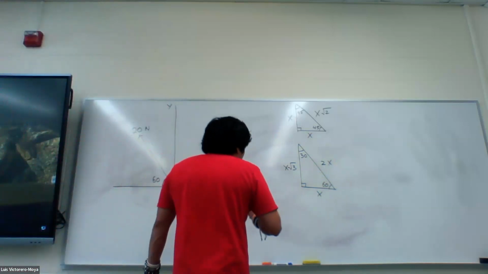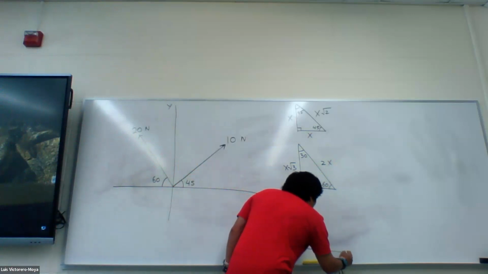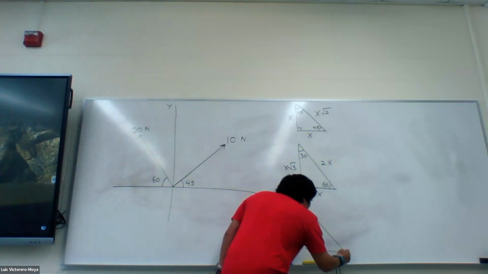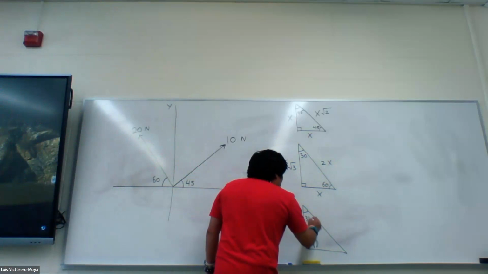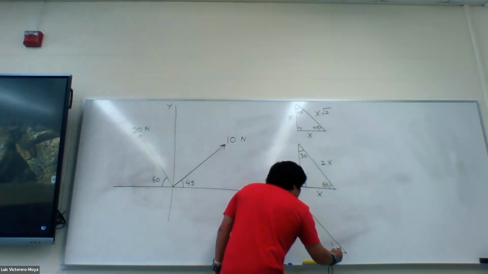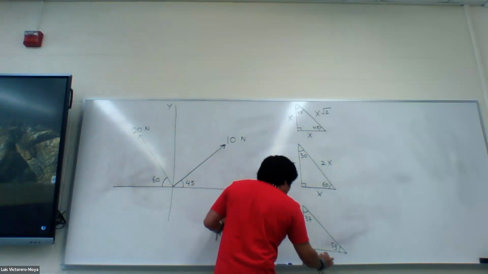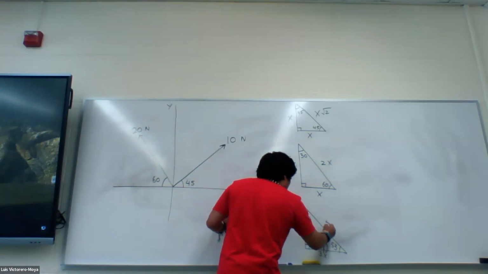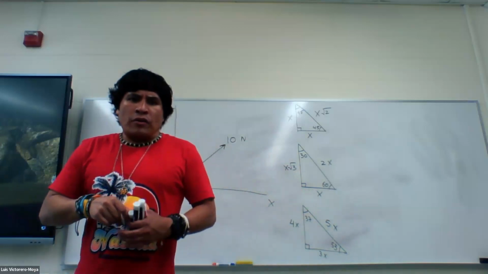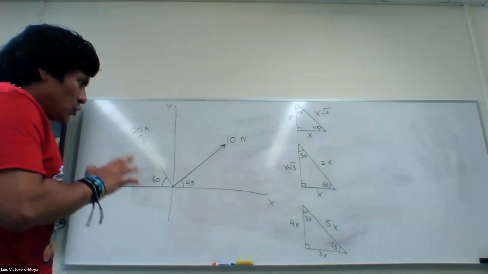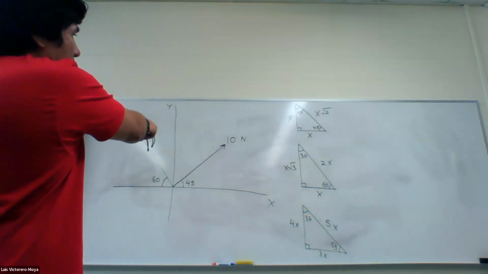The other one is the 3-4-5, 37, 53. This is like 4x, like 3x, like 5x. There are more, but those are the ones that I want you guys to make sure you have with you, so it makes it easier to solve problems like this.